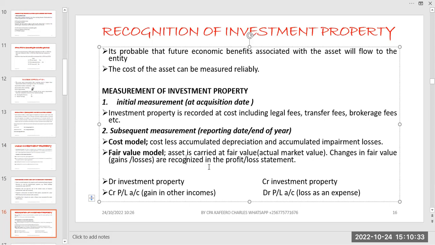So we are saying subsequently we can measure investment property at cost, and we say that the cost is cost less accumulated depreciation and accumulated impairment losses, because we are at the reporting date. We expect that these assets are going to be reducing in value. Even if they are not depreciable assets like land, there may be impairment loss.